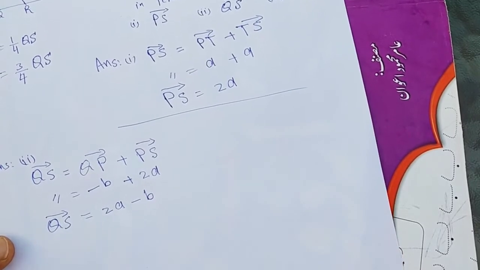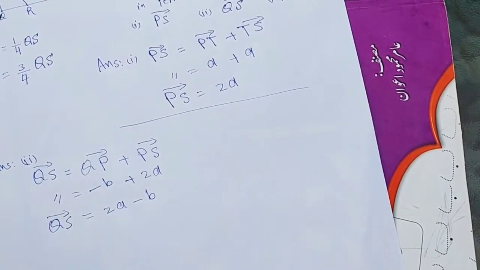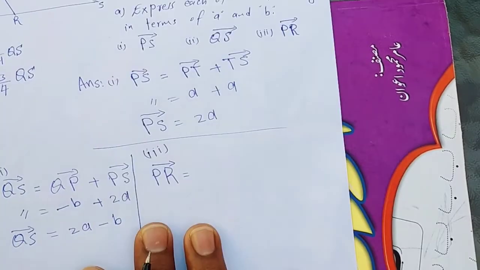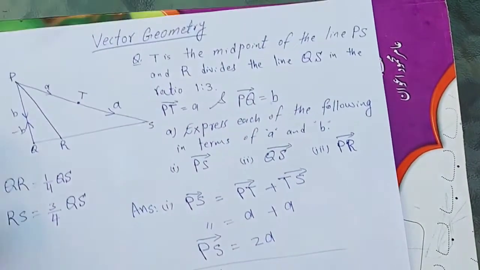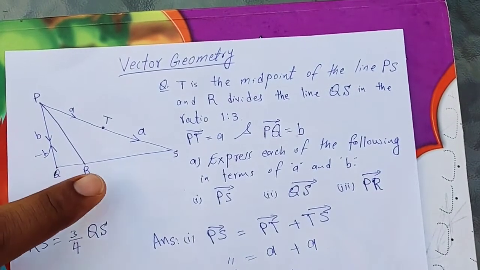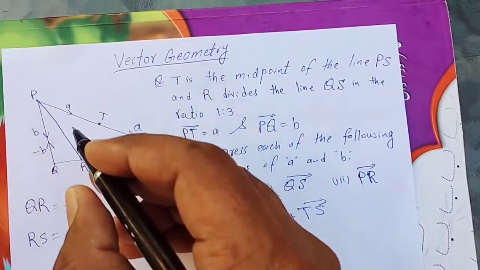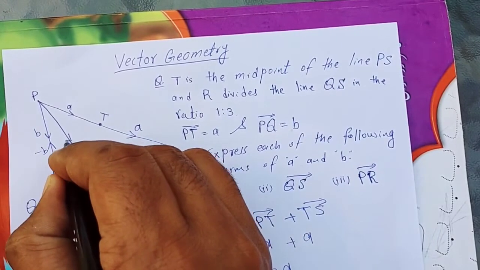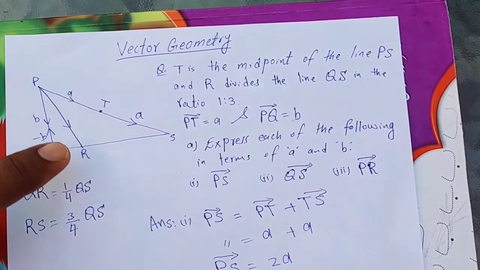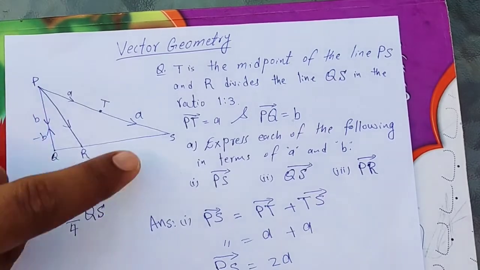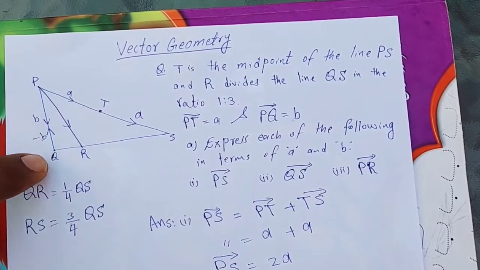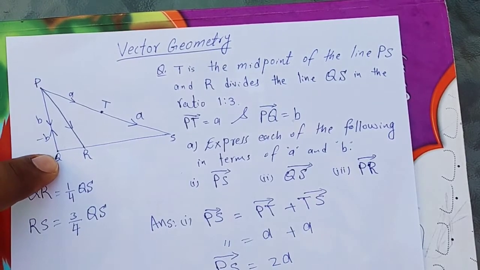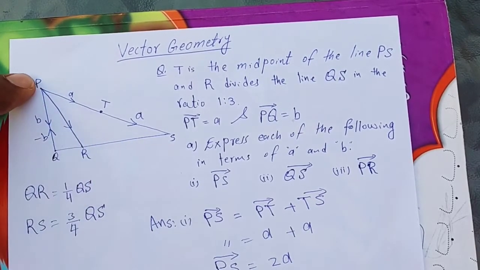Now we are going to find the third part of part A. My dear, the third part is, what is PR? For reaching P to R, we don't have any other parallel route, so we will go PQ plus QR.